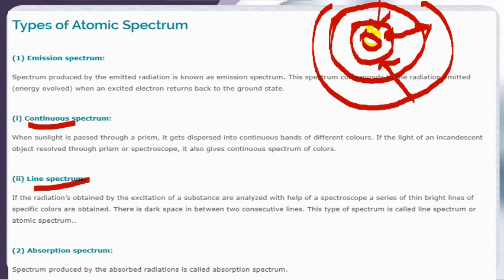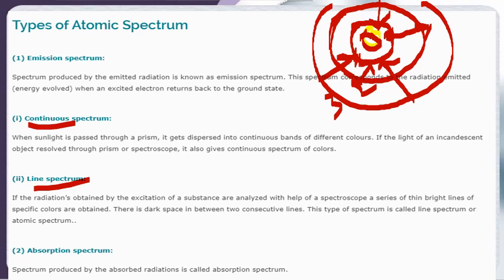Suppose an electron has to move from the first energy level to the second energy level, that energy will be different from when it moves from the first to the third level, right? And when it comes back from the third to the first, definitely the amount of radiation given out will be different compared to the radiation given out when it travels from the second energy level to the first energy level.